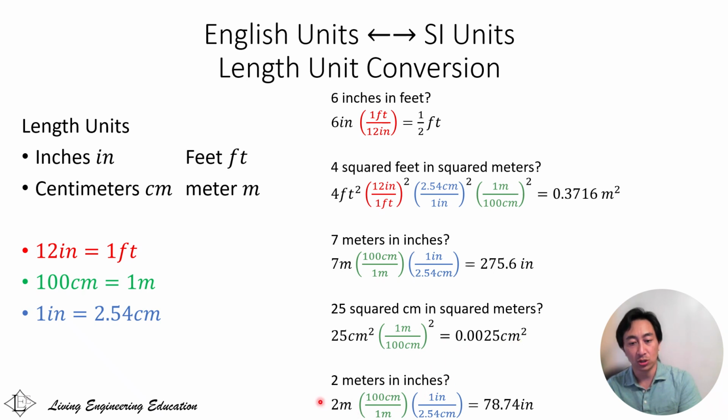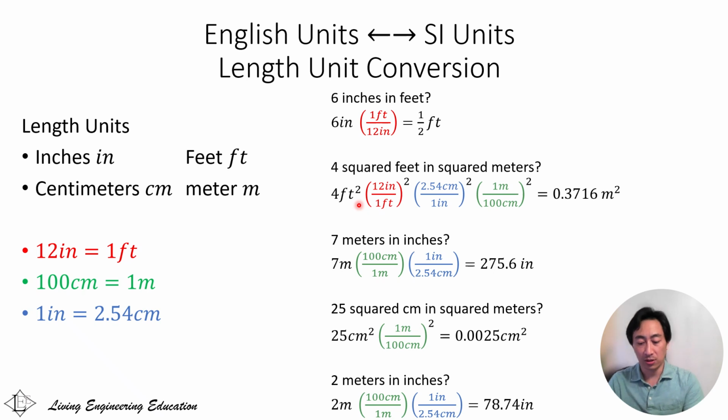And then meters to inches, first I convert meters into centimeters, and then I convert centimeters into inches. Okay, so hopefully this makes sense. The main points are where the unit should be, whether it should be in the numerator or denominator, and then how to handle squared units if we're starting with squared units like feet squared, like we are shown here.